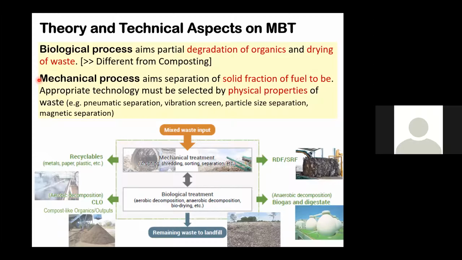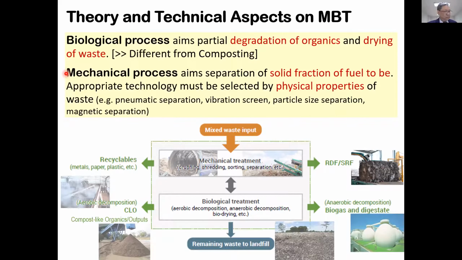For example, one city will start from the mechanical process and then move to the biological process. But in other practices, the system starts from the biological process and moves to the mechanical process. Or some cities can adopt mechanical, biological, and mechanical. It is a very flexible system to adapt the technology.